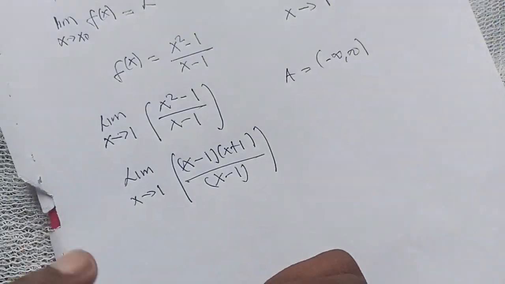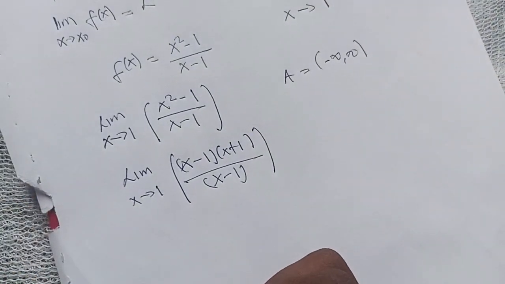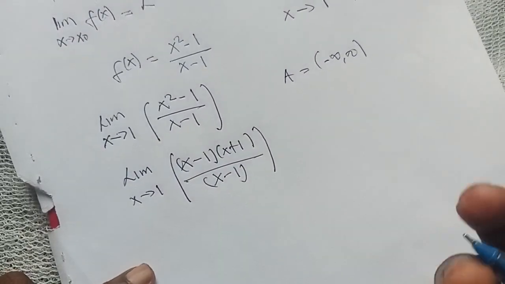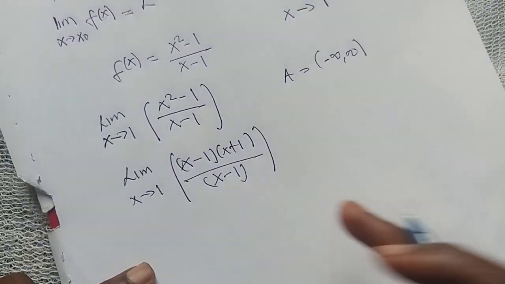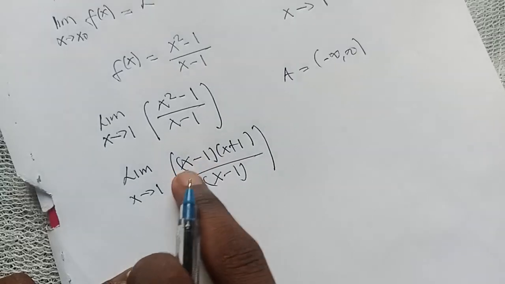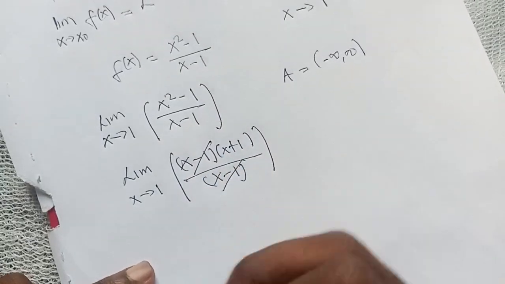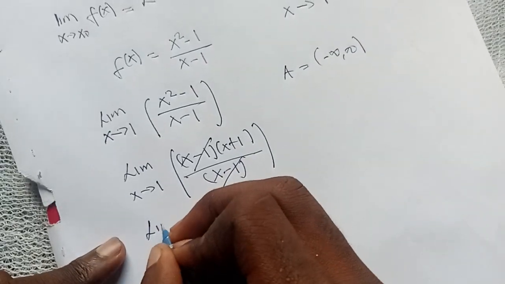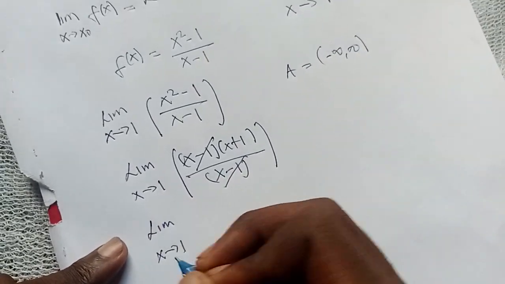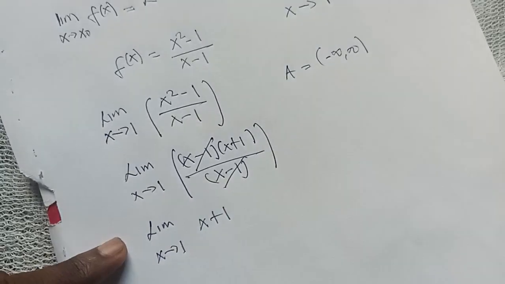After that, you observe that you have something common, x minus 1 on the numerator and x minus 1 on the denominator. So these two can cancel. Then you will remain with the limit as x approaches 1 of x plus 1.